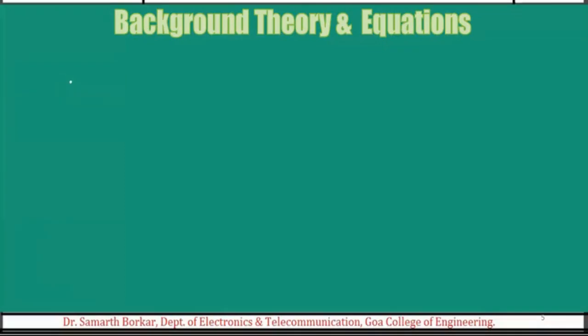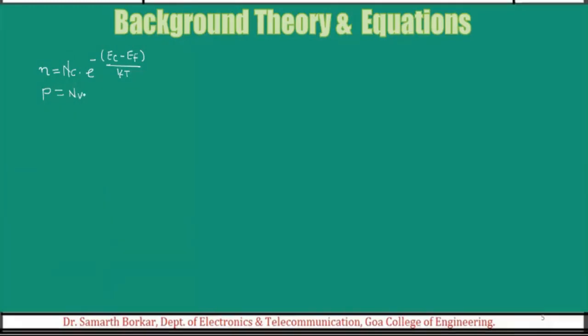we derived the equation for electron concentration, which was n equals Nc e raised to minus of (Ec minus Ef) by kT. And the concentration of holes was given as p equals Nv.